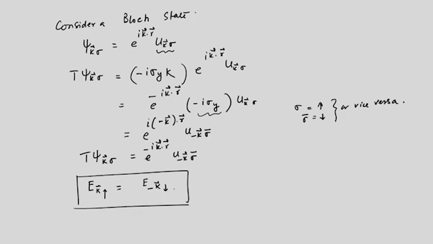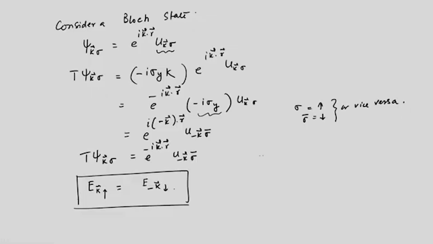So, there is a degeneracy of these up and down states for one given value of k, but if it is plus k for the up spin, then it is minus k for the down spin, or vice versa. And we know that this has a lot of implications on the topological insulators.